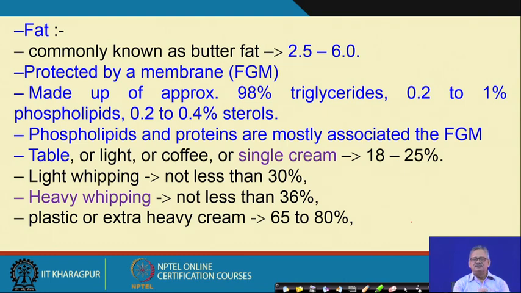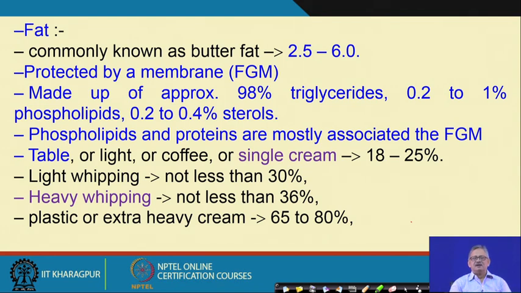This membrane is around 10 nanometers thick, and it contains some protein, some phospholipids, some enzymes and others, right. When we come to the fat globule, we will discuss it in more detail.